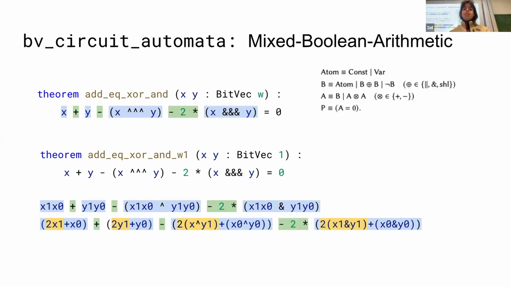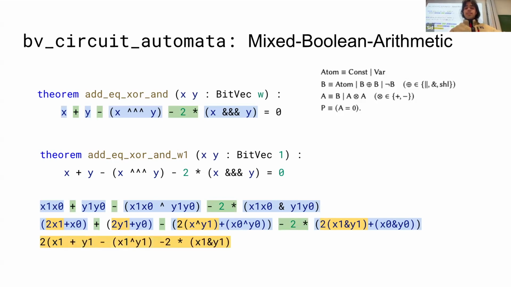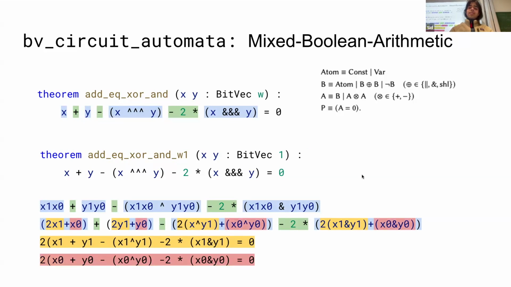I then grab all the terms that correspond to the 2 times whatever, and I just rearrange the thing. That gives me 2 times x1 plus y1 minus x1 or y1 minus 2 times x1 and y1, where the minus 2 inside here actually comes from the minus 2 outside here. But I know from here that that's actually equal to 0. And then the same thing happens on the other terms, right? So that establishes the identity for everything.